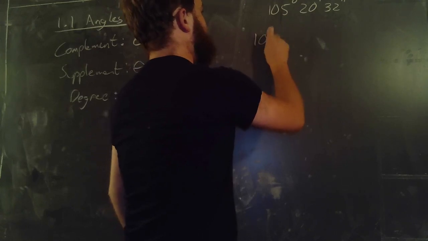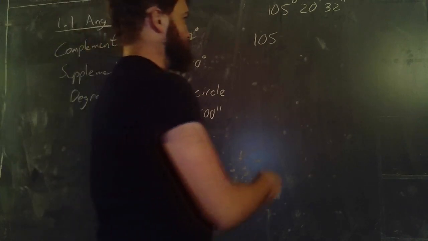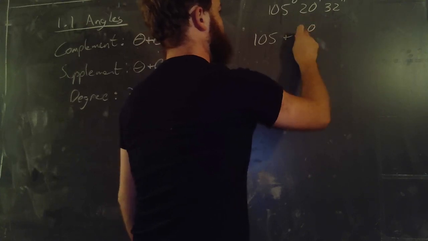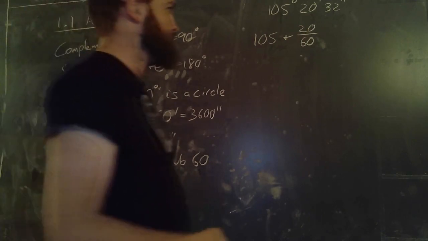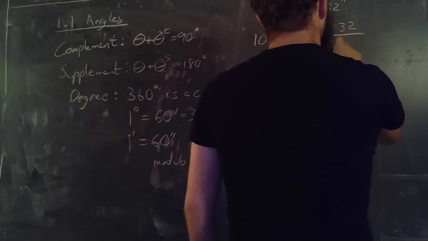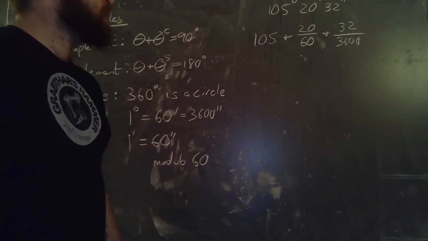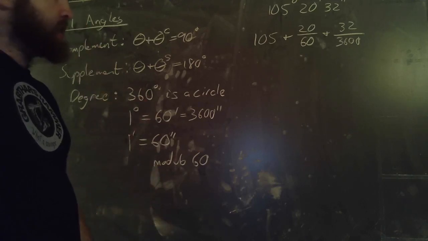If you wanted to take something to degrees only, but with a decimal representation, we can take the degree number plus the minute number divided by 60, because there are 60 minutes in a degree, plus the second number divided by 3,600, because there are 3,600 seconds in a degree.